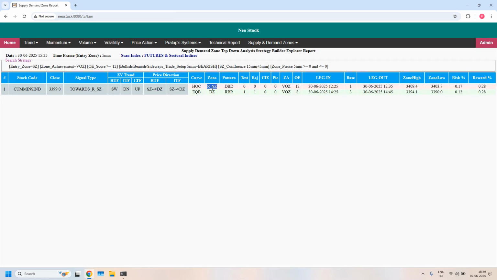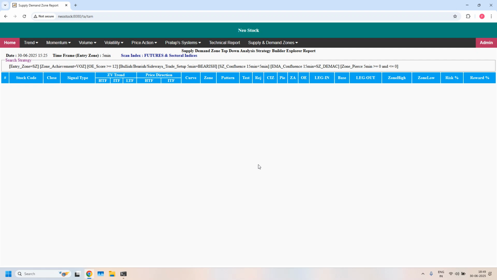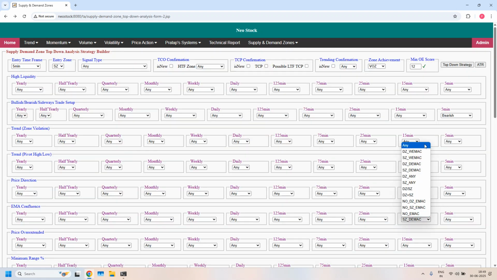So this 5-minute supply zone overlapped with 15-minute supply zone. 15-minute trend is downtrend. Let's verify if that 15-minute supply zone having daily EMA confluence. So not having EMA.